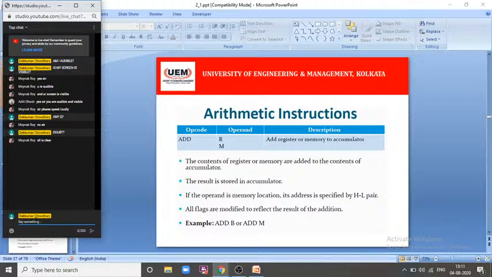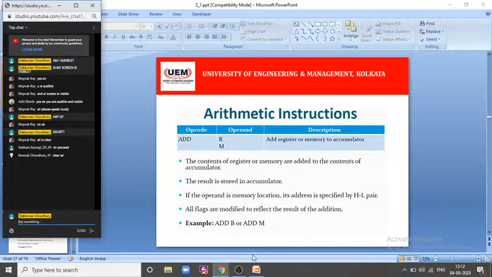Moinak Roy is replying, no sir, there is no question, all is clear. I am waiting for other students to reply so that we can proceed further. Okay, Shubham is replying, sir, proceed, clear sir.